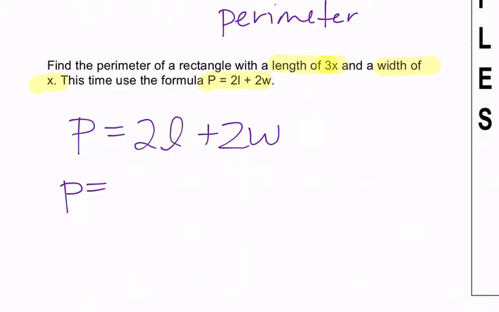That's what we're trying to find. P equals 2. I can plug in for L, so when we plug in, we use parentheses. So instead of L, we're going to plug in what it told me the length was, so that's 3x. Plus 2. And instead of W, we're going to put parentheses, because when we plug in, we use parentheses. And instead of W, we're going to plug in what it told me that the width was, which is x.